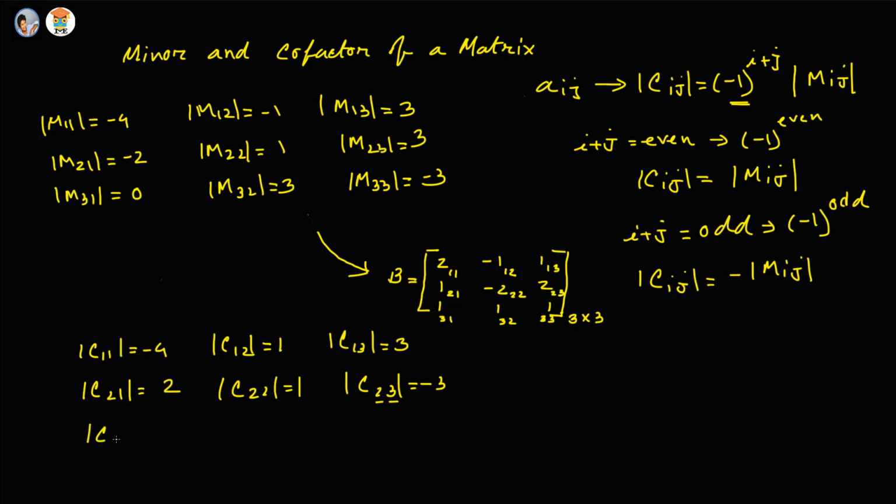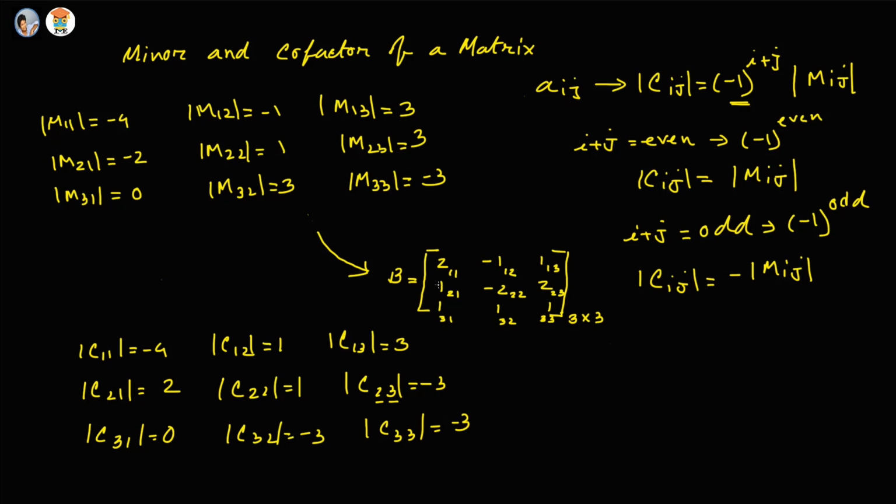Then C31 will be equal to 0, as we can't do anything with 0. Then C32 will be -3, as 3 plus 2 is an odd number, and C33 is equal to -3.